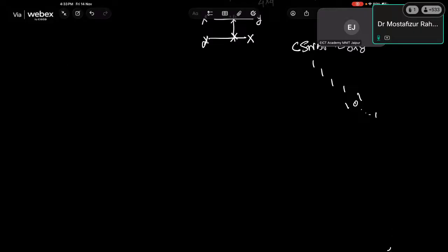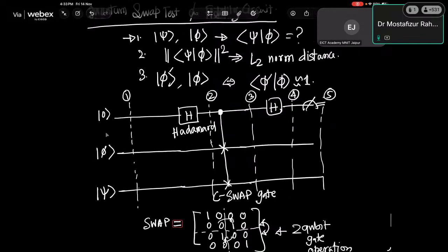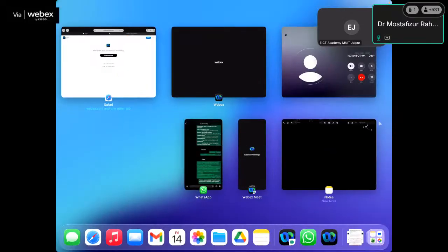So initial step 1, we did nothing. What was our state? Our state was 0, our state was psi, and our state was phi, right? Better, I should write this as 0, psi, phi. That means the circuit here.